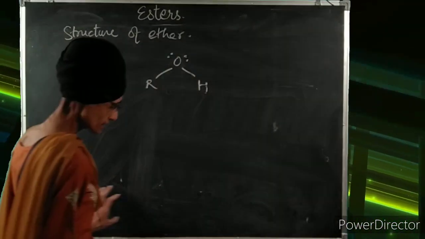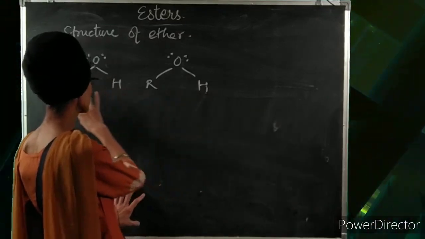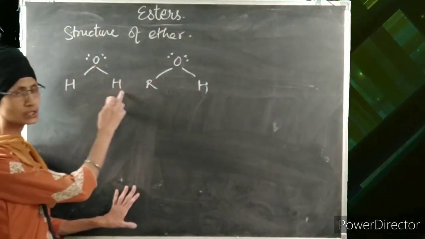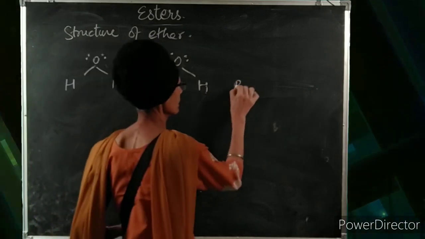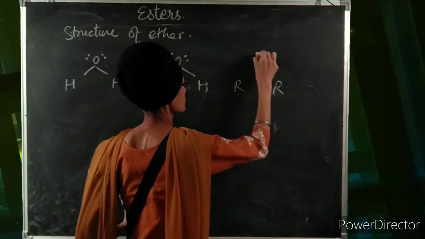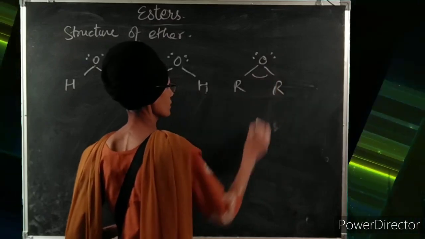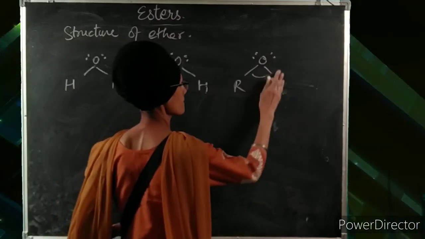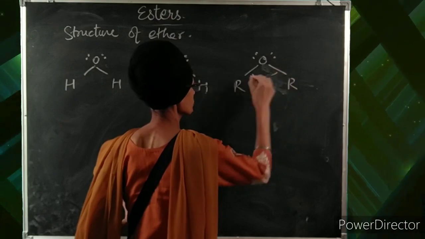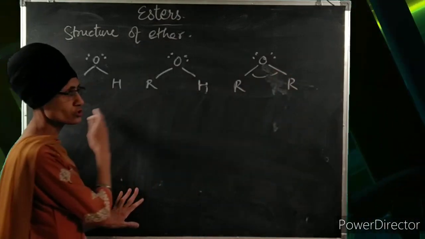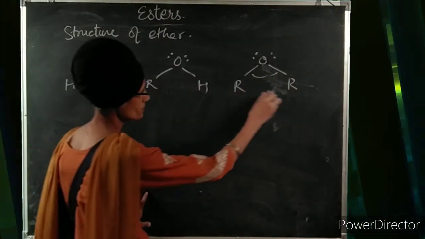And ethers are those molecules in which both hydrogen atoms in the water molecule are replaced by alkyl groups. So oxygen has 2 lone pairs, 2 bond pairs, and this bond angle will be much more as compared to the bond angle in alcohols or water because the R groups are bulkier.